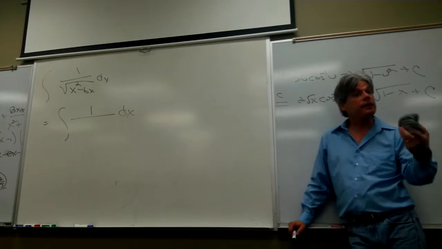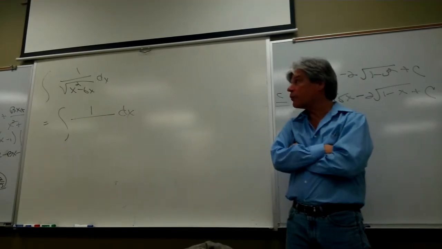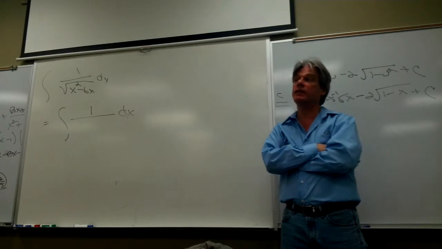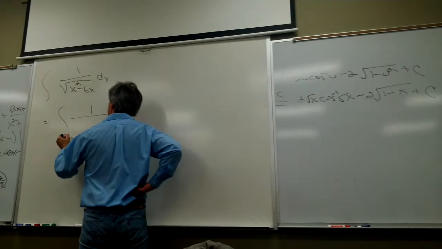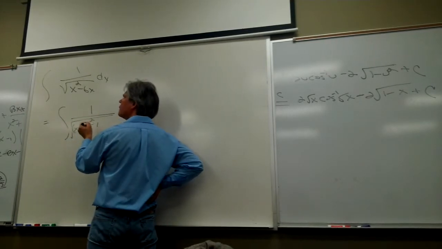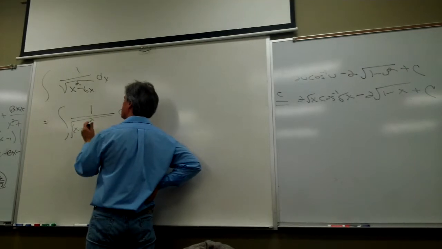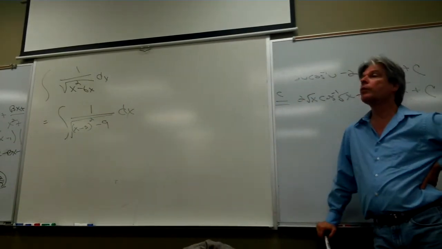I think I can force the issue, because I can add my funky looking form of 0 in the radicand's position, namely 9 plus negative 9. That gives me downstairs the square root of x minus 3 quantity squared minus 9. Do you guys agree? Ooh, we're home free.